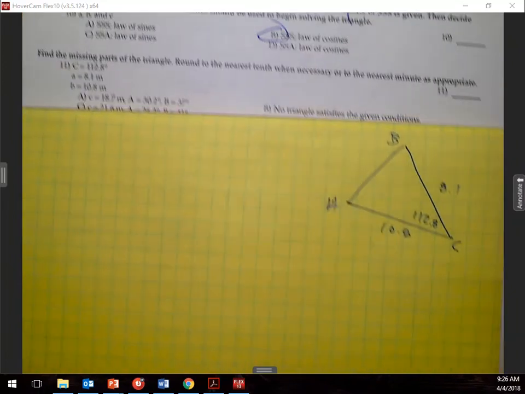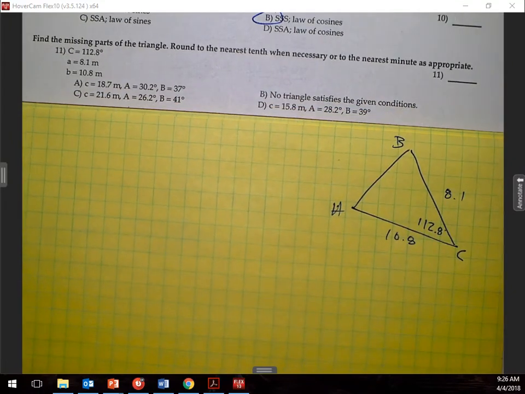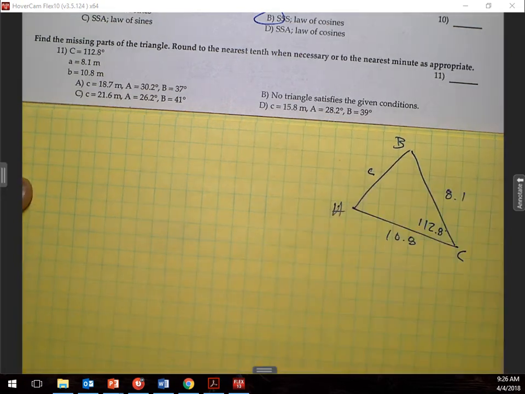So what type of triangle? Side angle side, right? SAS. And SAS uses what law? Cosine. So what am I going to solve for using law of cosines here? Little c, right?